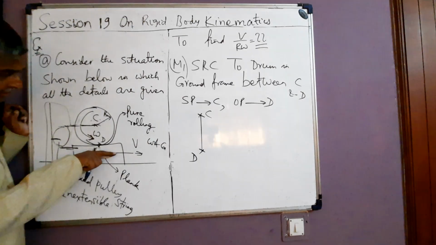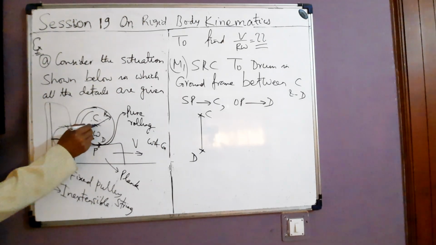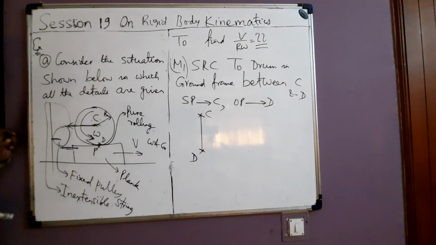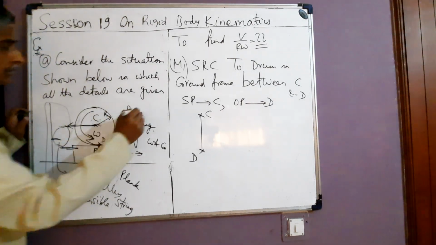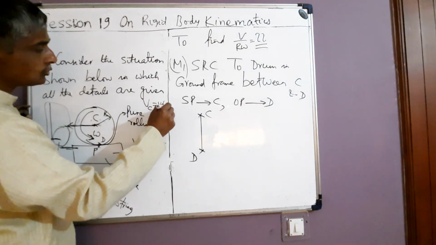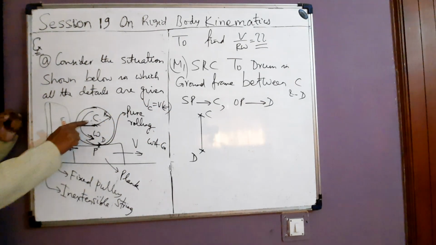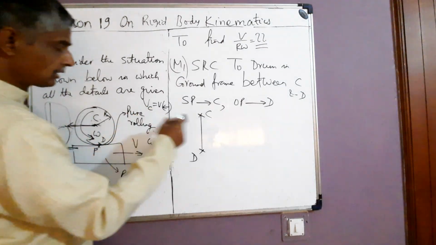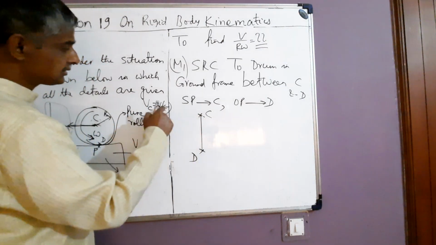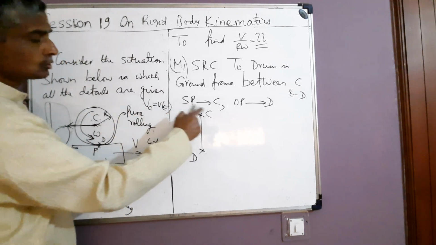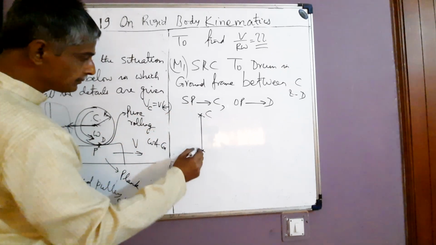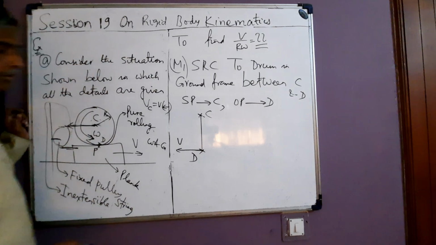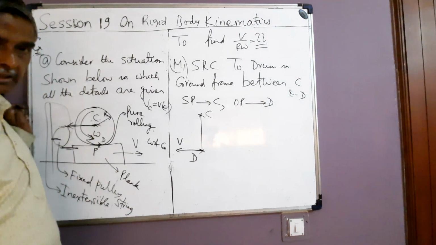Therefore, if the plank moves rightward at a speed V, the center of the drum should move at the same speed V towards left with respect to ground. So the velocity of C is V leftward, and we give this velocity V to D in the leftward direction.